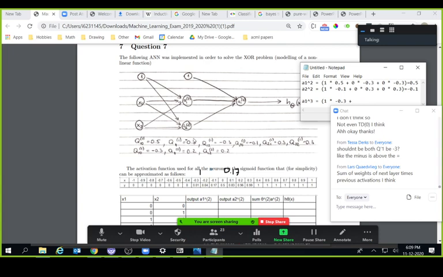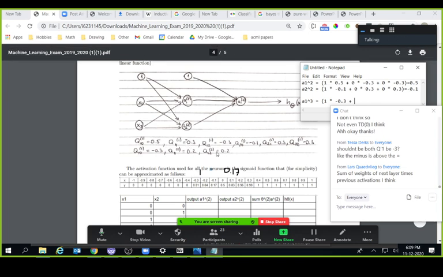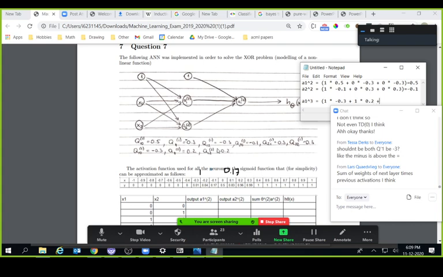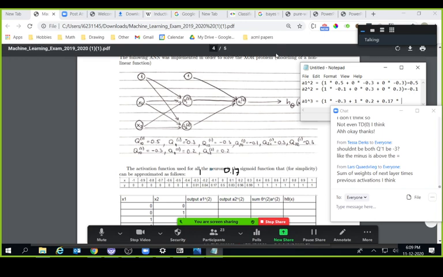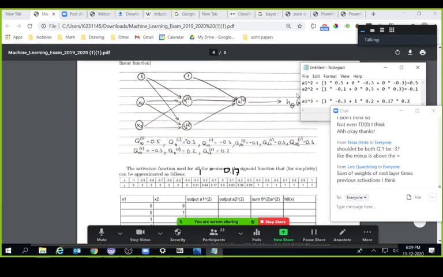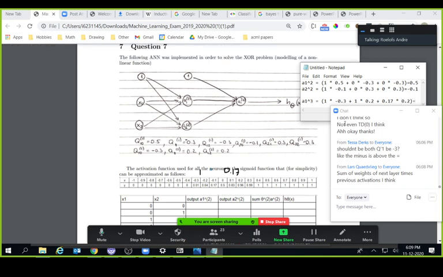So this one outputs 1, oh Jesus, they moved, times 0.2 plus 0.17 times 0.2, right? Yes, 0.2, not minus 0.2. Okay, and we get some value.